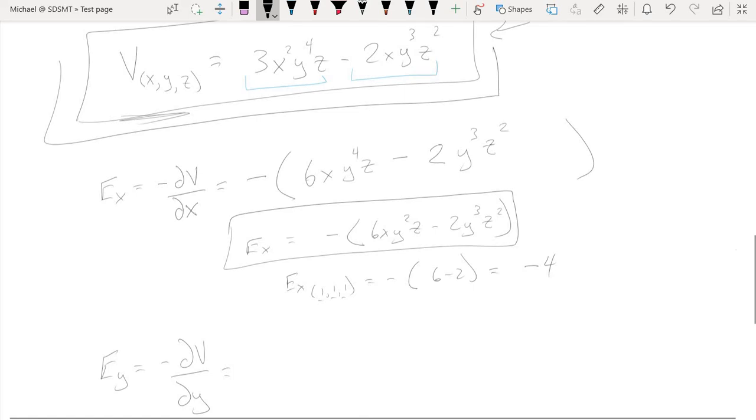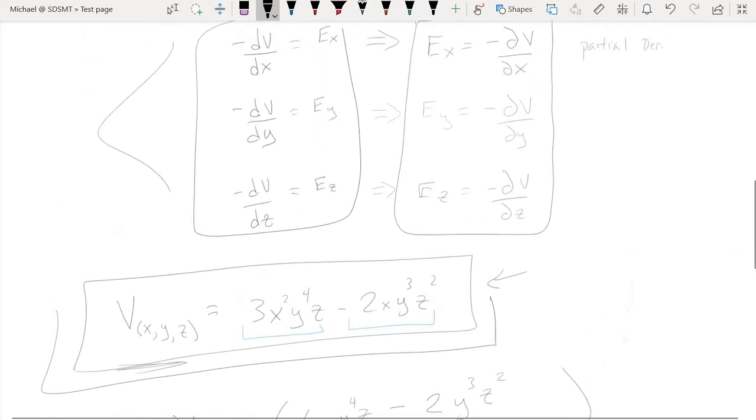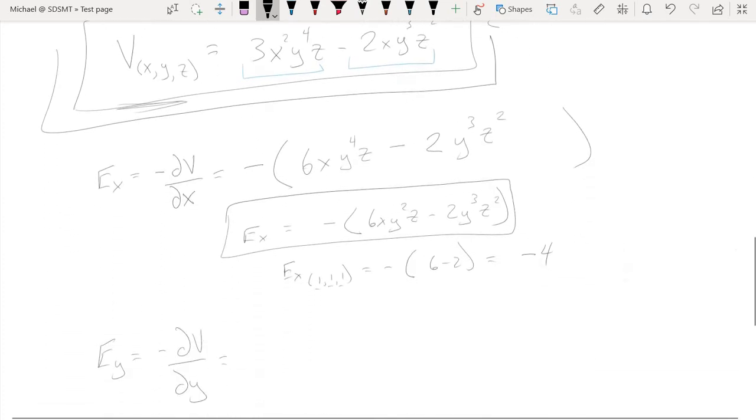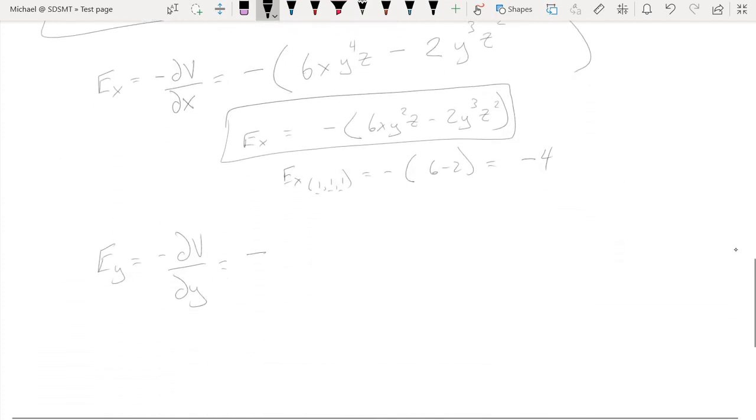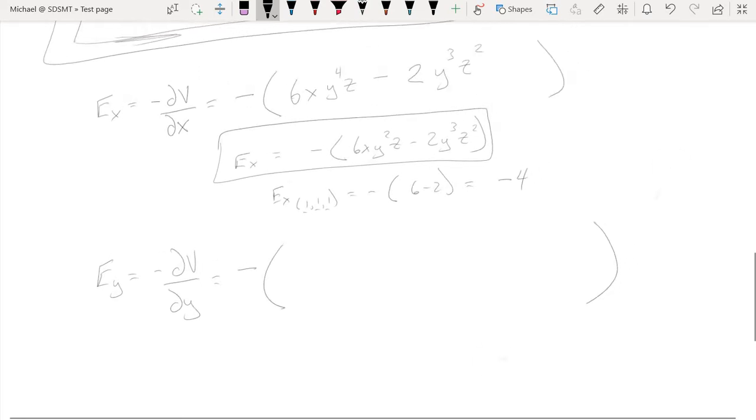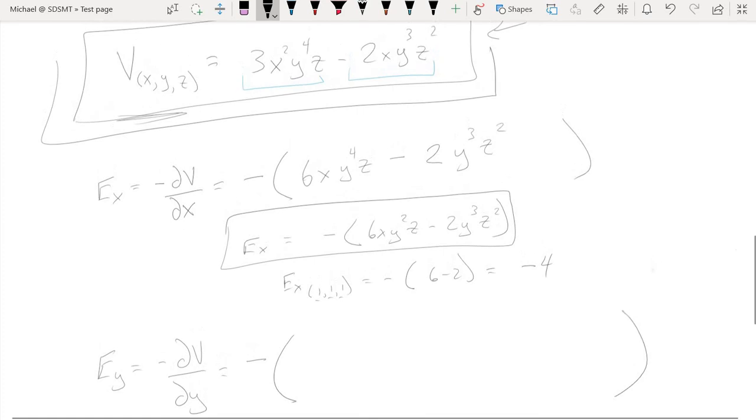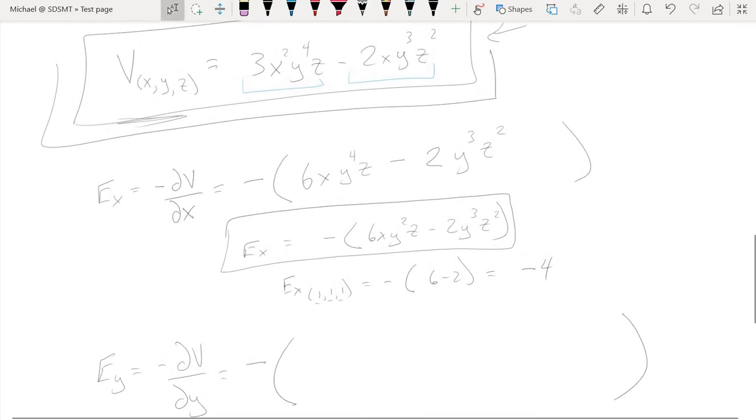Once again, there's that minus sign in front of your partial derivative. Don't ignore that. Put that down right away. And then we'll go through and take our partial derivative of each term with respect to y.